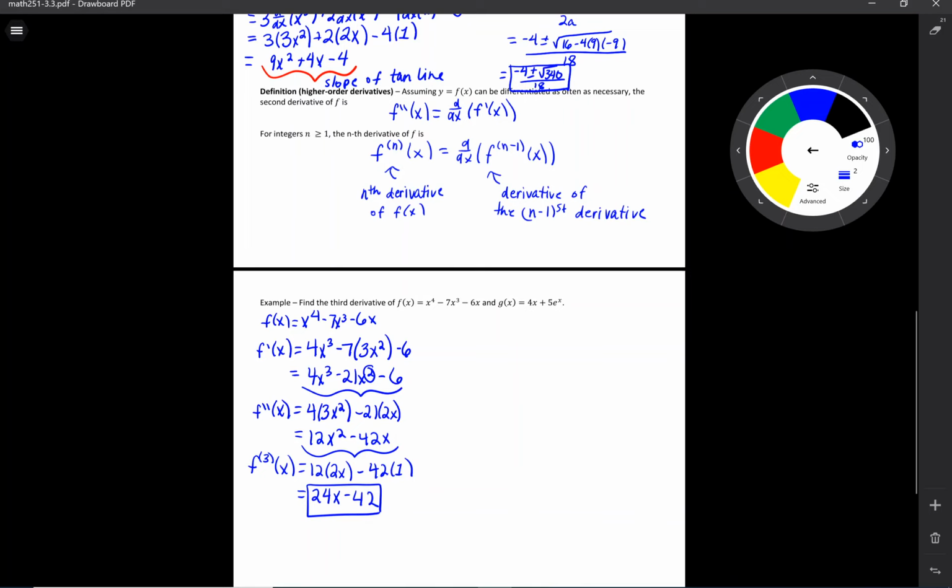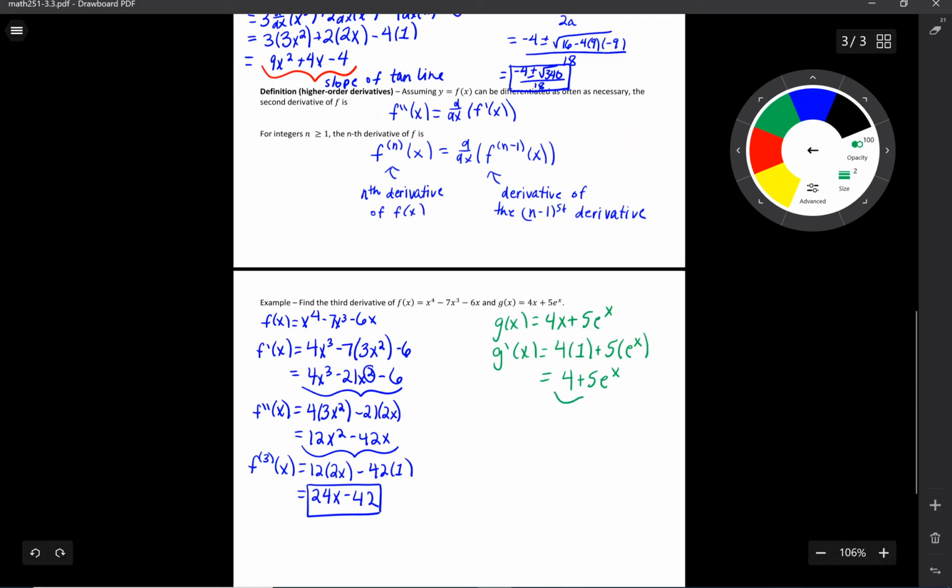And then we have our other function, g of x. So g of x equals 4x plus 5e to the x. I take the first derivative, and I get 4 times 1 plus 5 times e to the x. Remember, the derivative of e to the x is just e to the x, so that is 4 plus 5e to the x.